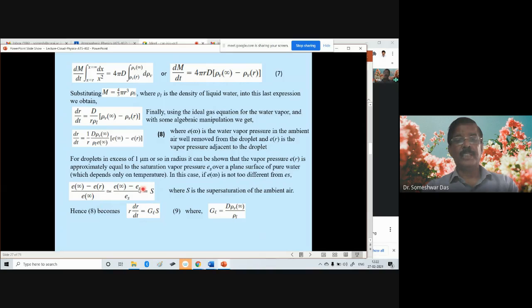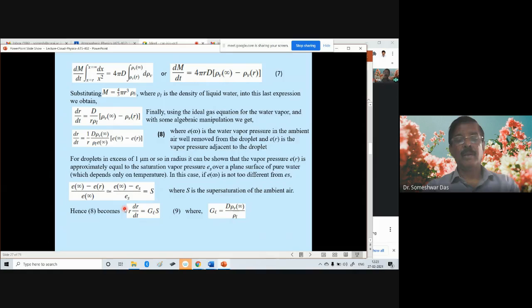So using this expression, we can write the equation in a very simple form: r dr by dt equal to G_l S, where G_l is D rho v at infinity divided by rho l, where rho l is the density of the liquid water, rho v is the density of the water vapor at a large distance, and D is the diffusion coefficient. So now see how simple it is.